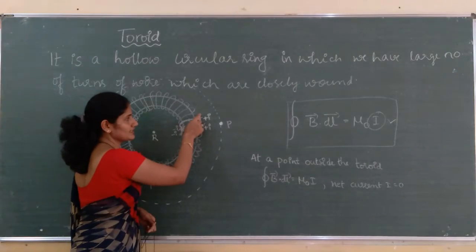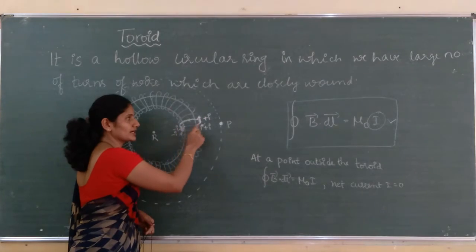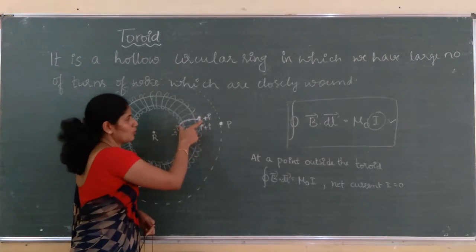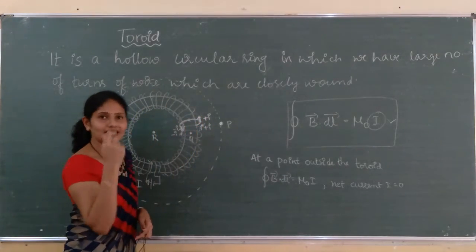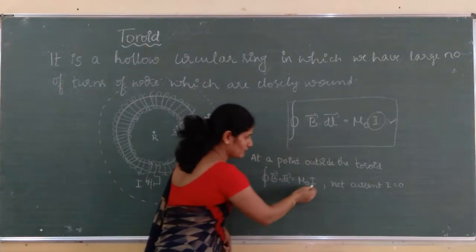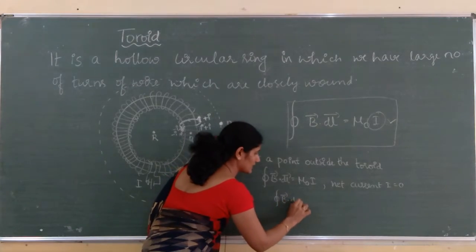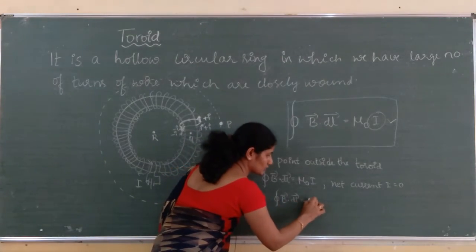The net current, because the current entering in is equal to current coming out, both are equal, so they will cancel with each other. Net current I is equal to 0. If I is equal to 0, then the closed integral B vector dot dl vector is equal to 0.